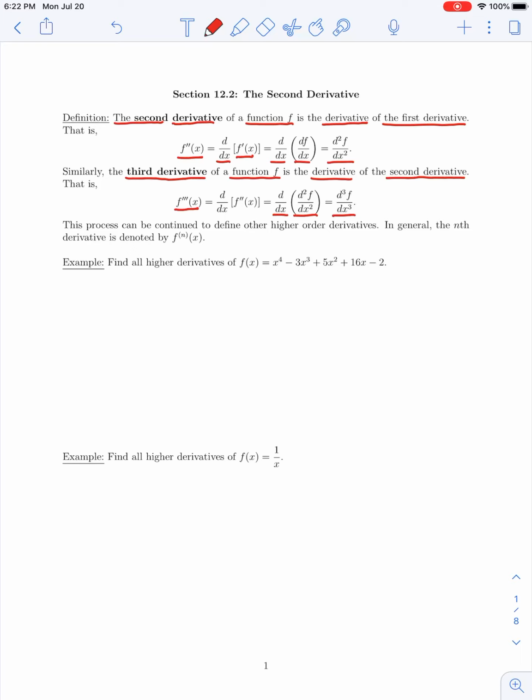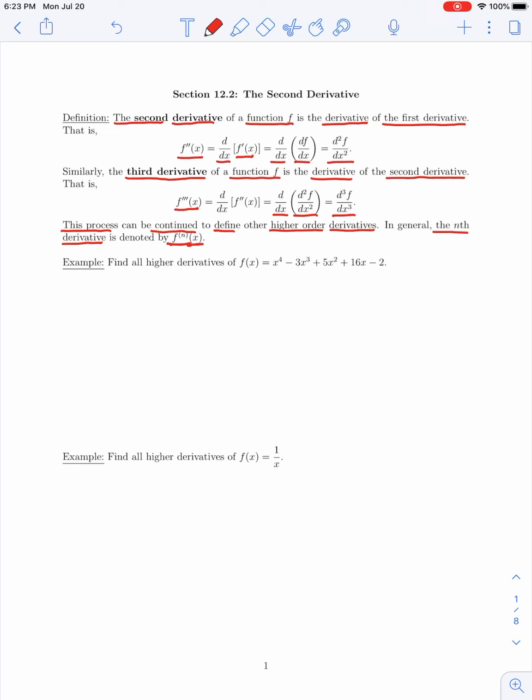Of course, we can continue this process to define other higher order derivatives, say the fourth, fifth, sixth, and so on. In general, we denote the nth derivative by f with a superscript, in parentheses, the number n, of x.